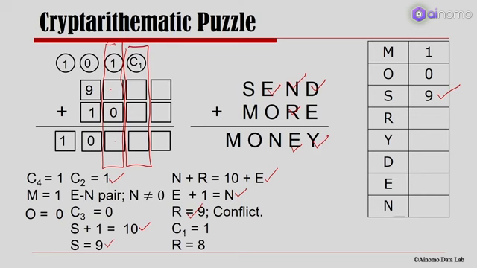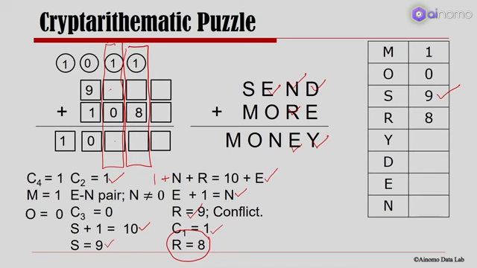If C1 is 1, then I have C1 plus N plus R is equal to 10 plus E. So this one is like plus 1 here. 1 plus N plus R is equal to 10 plus E. In that case, R will come out as 8 and it does not have a conflict. So I update this C1 as 1 and I realize R is 8. So put my 8 value there.